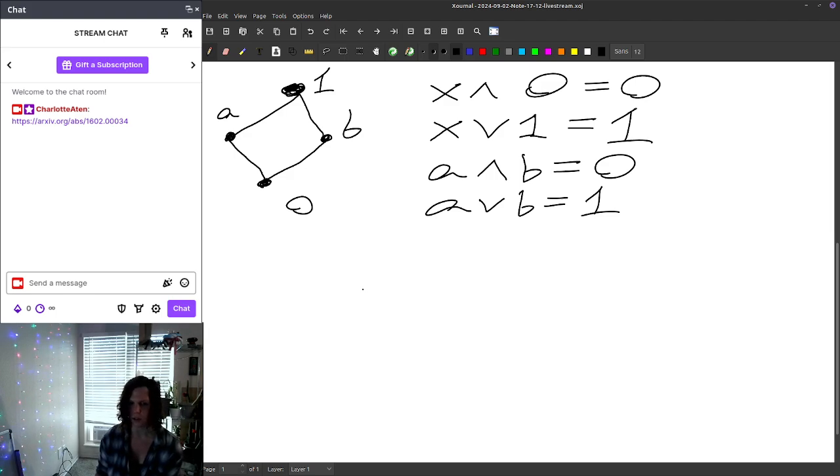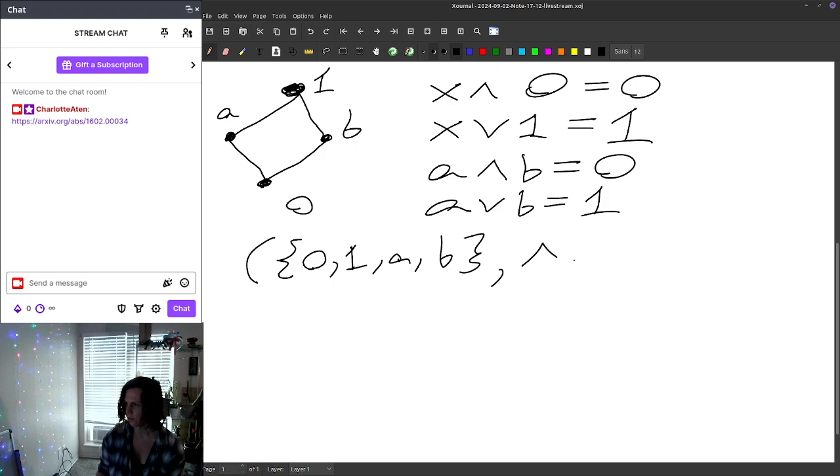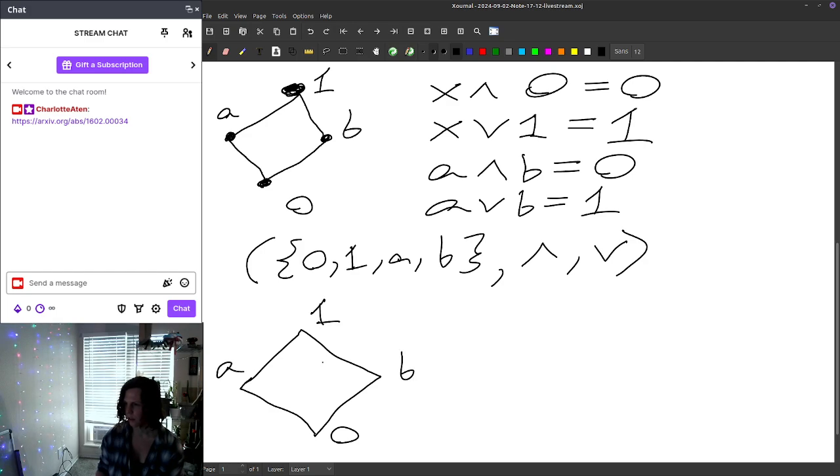And what this paper has to do with, and what the thing that I will hopefully post soon also has to do with, is the idea of how to go from something like this, which has this finite set of elements, 0, 1, A, and B, and these operations of meet and join, how do we go from something like that to a sort of continuous version, where you can imagine, if you just look at this picture, that it kind of seems like, well, maybe we should be able to extend those operations in order to define similar operations on this two-dimensional square that all of this is filled in. That's the basic idea.